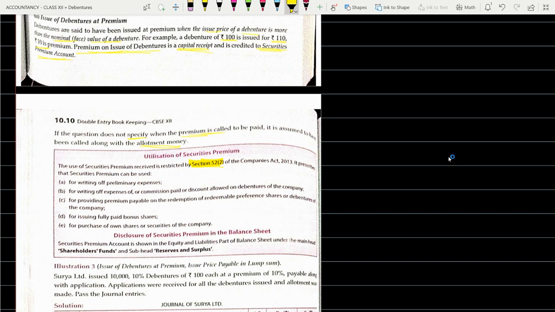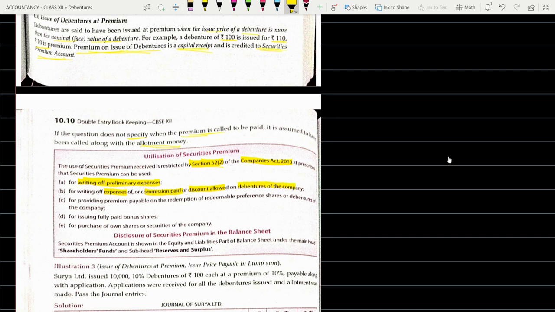According to the Companies Act of 2013, securities premium can be used for writing off preliminary expenses, or for writing off the expenses of or commission paid or discount allowed on the debentures of the company.